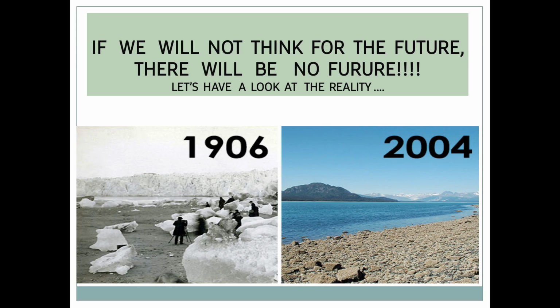But the same place, if you see it in the 2004 era, we see that the same place has changed. The ice that was covered has melted and caused the sea level to rise to the level that we can actually visualize.